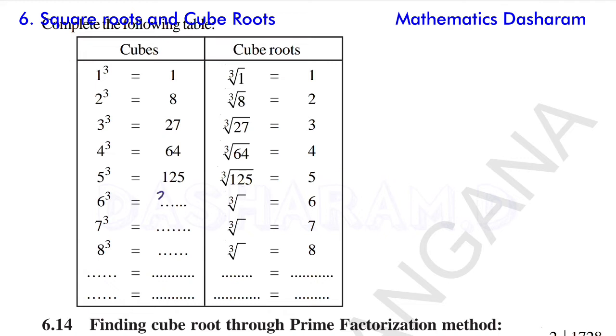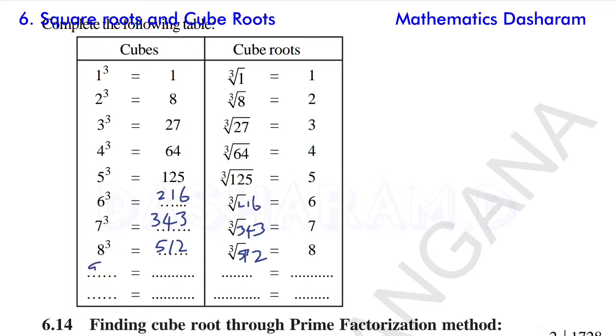6 cube is 216, then cube root of 216 is 6. 7 cube is 343, cube root of 343 equals 7. 8 cube is 512, then cube root of 512 is 8.